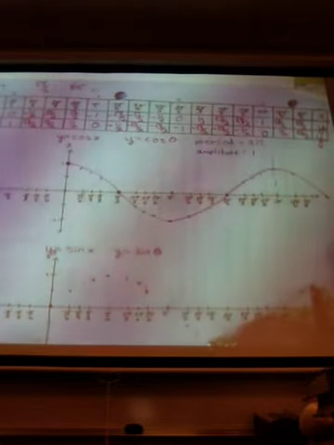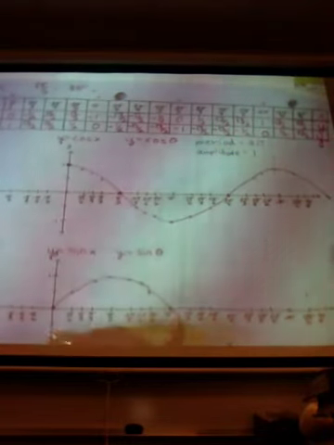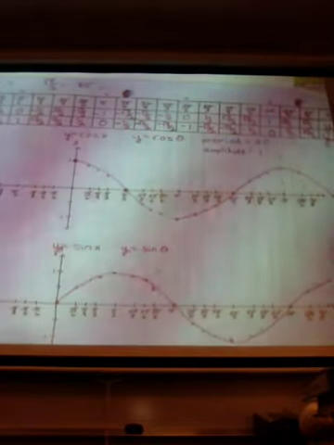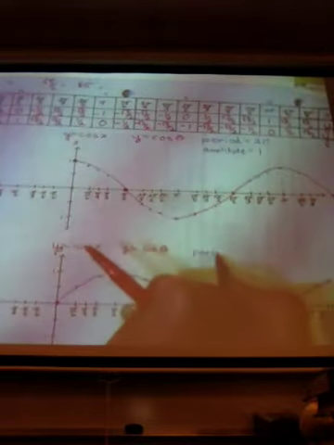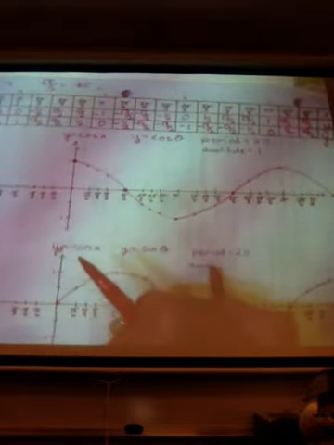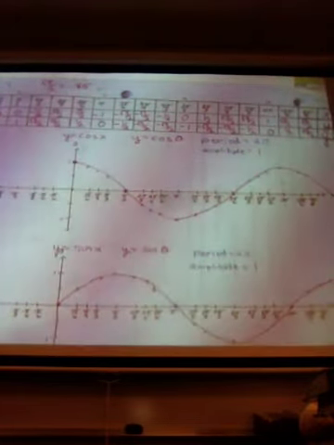So how does it go? It goes like this. What is the period of it? The period is 2 pi. What is the amplitude? It is 1.